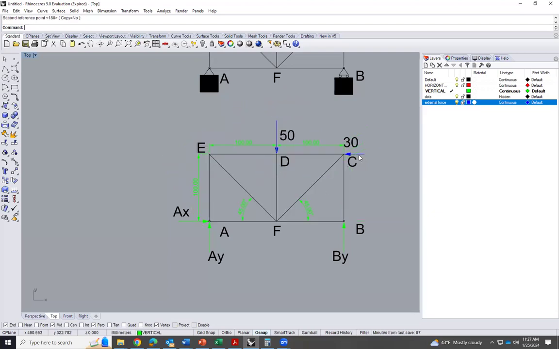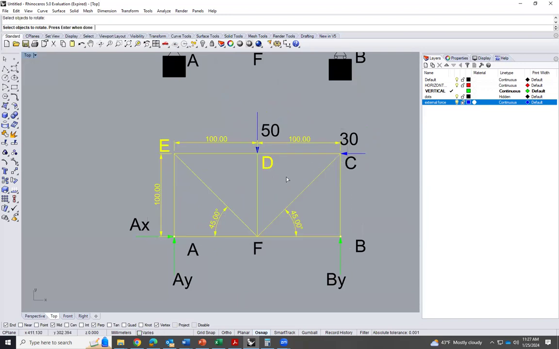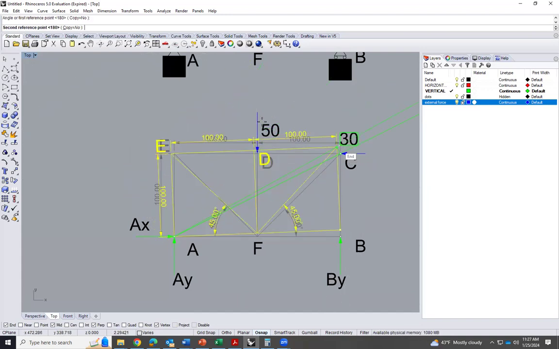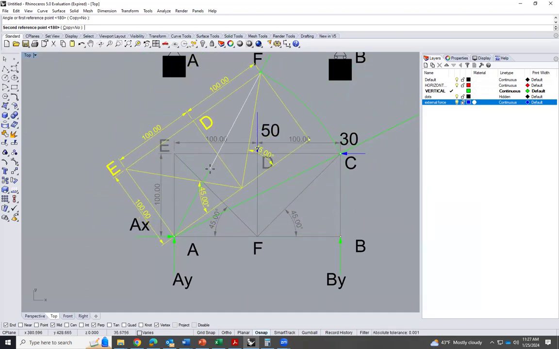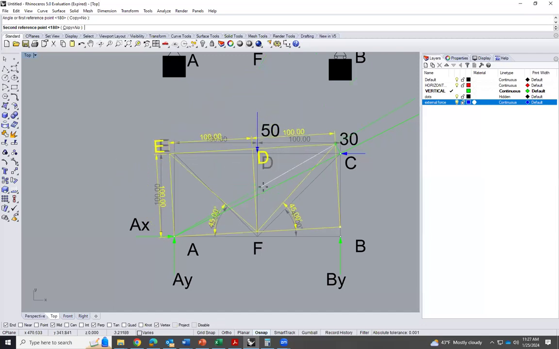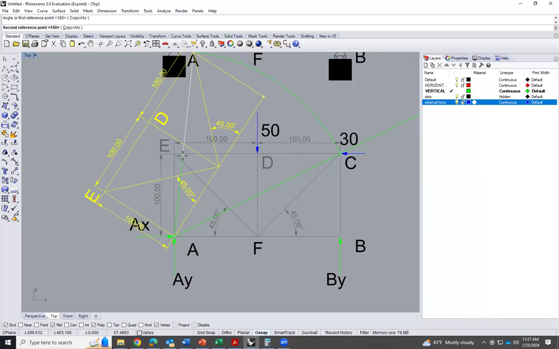What's the effect of this force, 30? If we apply this force here, how does it rotate? It's going to be the same. If we apply this at this point, what's the effect of this force? It will rotate in this direction too, because this is pushing in this direction. So if we didn't have anything to prevent this from happening, that force will make this structure rotate in this direction.